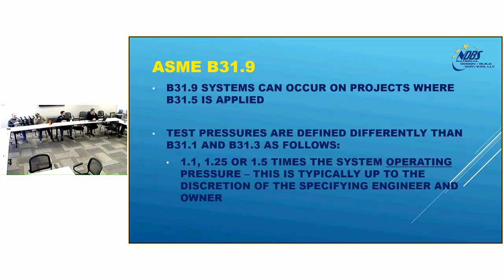Okay, it's a B31.9 fluid. It doesn't meet the temperature or the pressure to become a category M. So you're good with that. You may test to 1.5 times that operating pressure. So it's really up to the discretion of the engineer or us in the case of design build jobs.